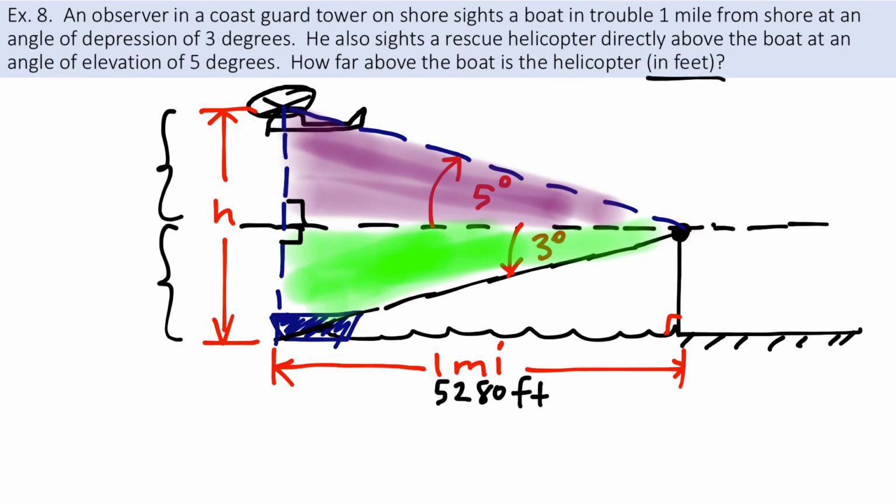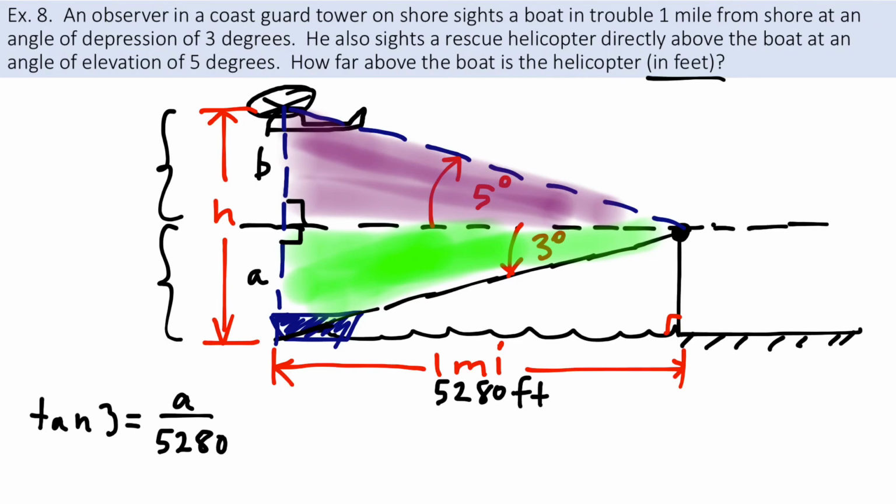So the tangent of 3 degrees is equal to, let's call this A and this B, A over 5,280.